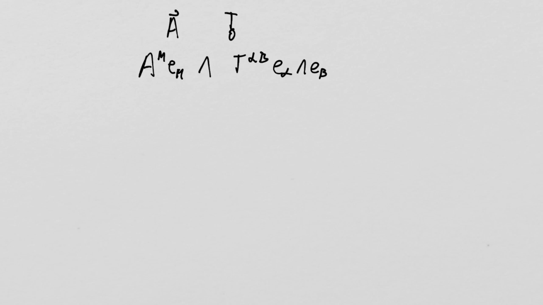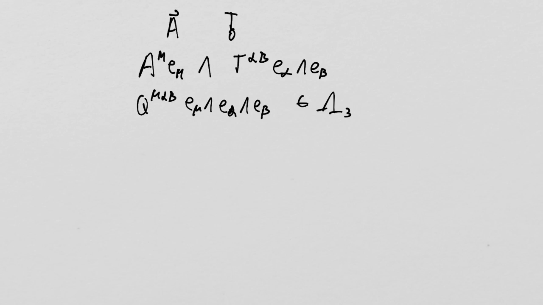So when we wedge them together, we are going to get something that looks like, let's say, Q mu alpha beta E mu wedge E alpha wedge E beta. Well, that, of course, is an element of the top form of the exterior power, third exterior power of the vectors, right?